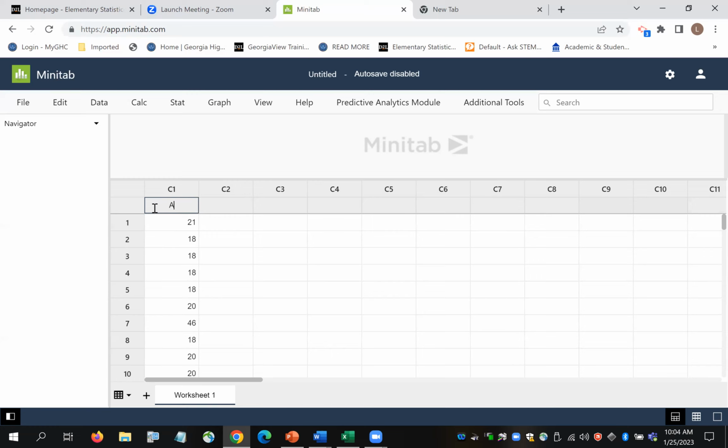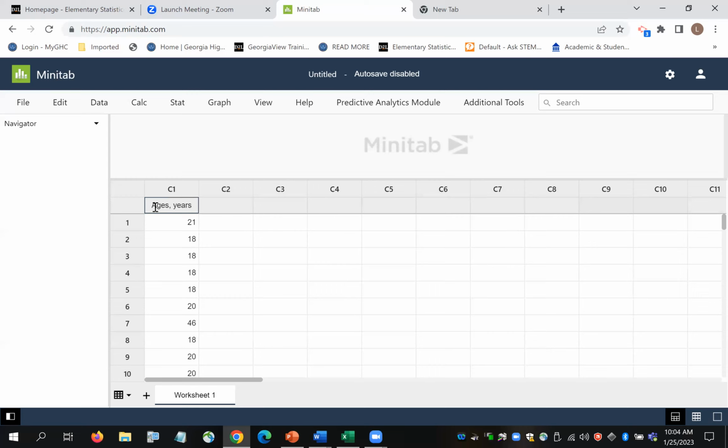So this is ages in years, and that's probably enough, but if I want to, I can put for GHC students. But I definitely want to indicate that these are ages and that the measurement is in years.